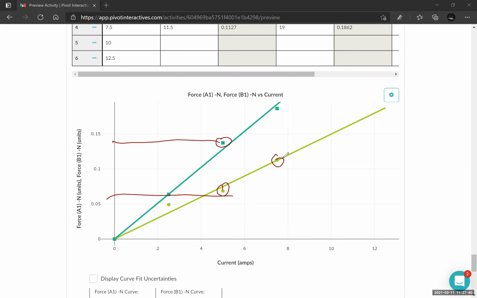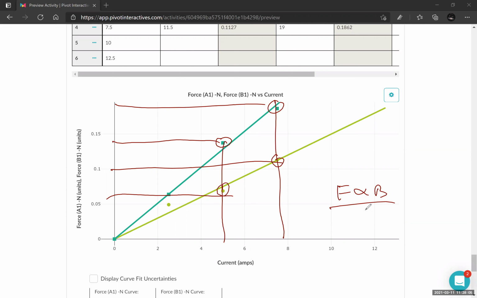At 7.5, here's the force for A, here's the force for B. For the same current, you have a much stronger magnetic force because you have a stronger magnetic field, or magnet. And that again verifies that force is directly proportional to the magnetic field. A stronger magnet gives you higher force for the same amount of current.